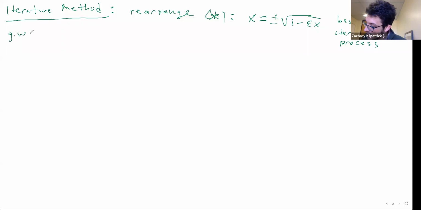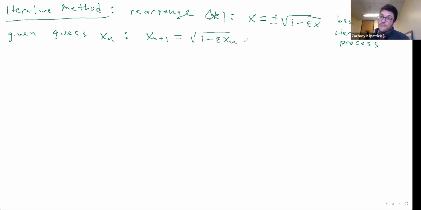But the idea is that given some guess at the solution xn, let's say that this is my nth guess at the solution to my implicit equation, the iterative procedure essentially tells me how to update my guess, okay?